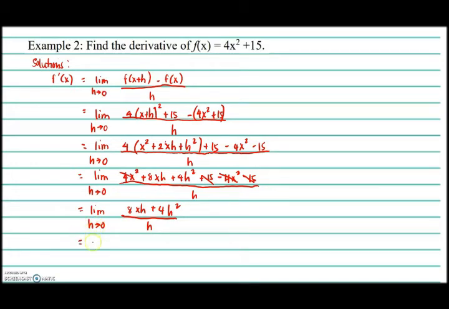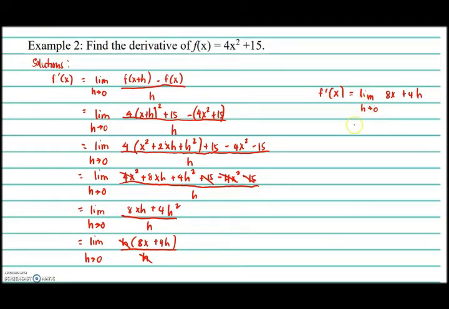Okay, factor out your numerator, so you have the limit of h times (8x + 4h) over h as h approaches 0. Divide out h, so we have f prime of x equal to the limit of 8x + 4h as h approaches 0.